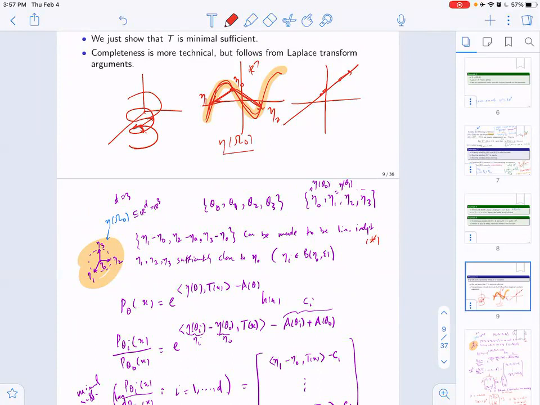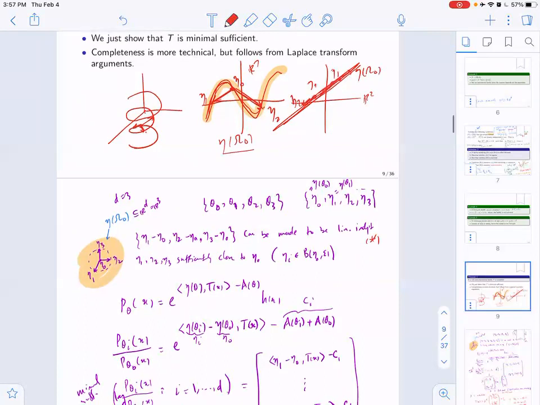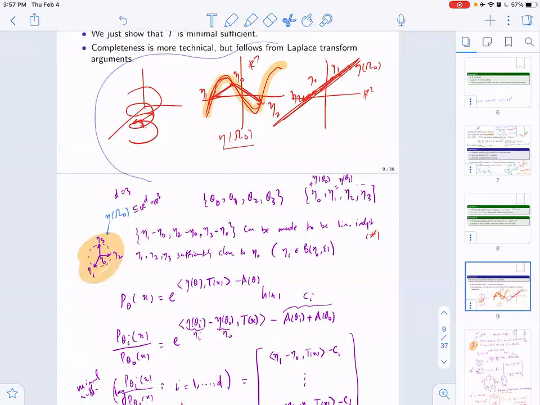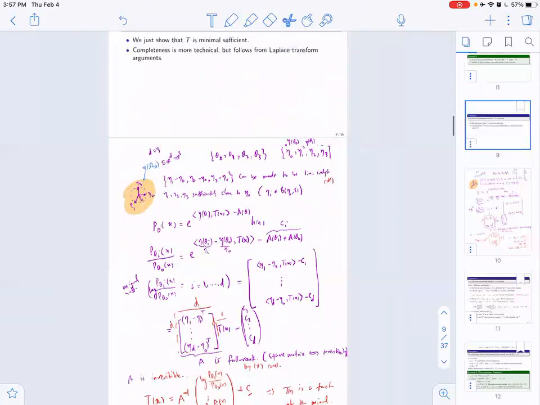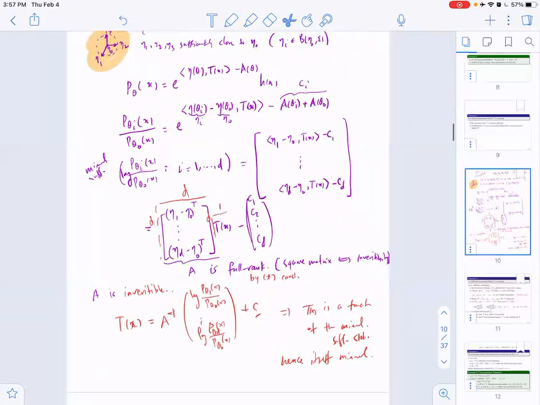However, if you are on a line, so this is eta omega, not in R2, then this argument will fail because you can't find this set of three points such that eta naught minus eta 2 and eta naught minus eta 1 are linearly independent, right? So once you understand the argument, you should be able to also argue the curved case in general.